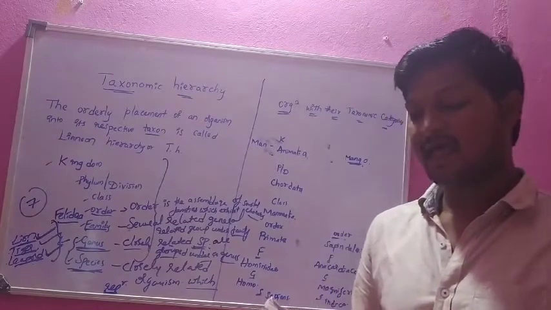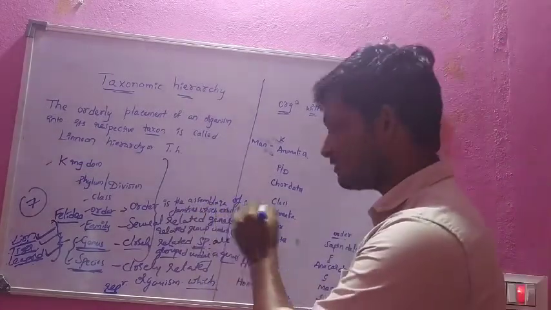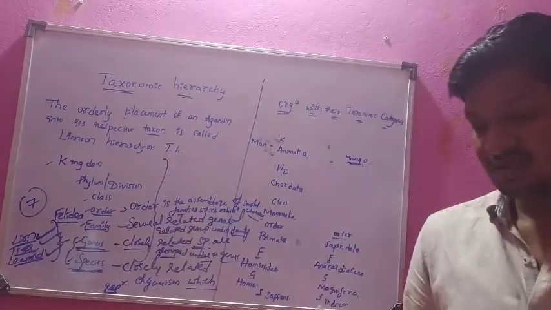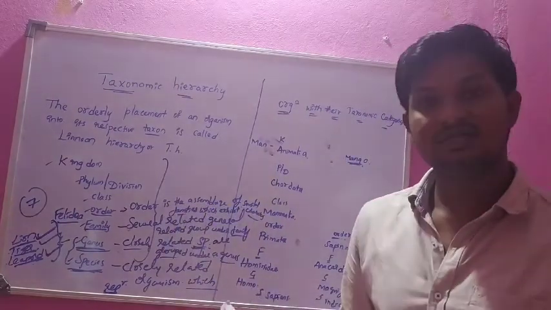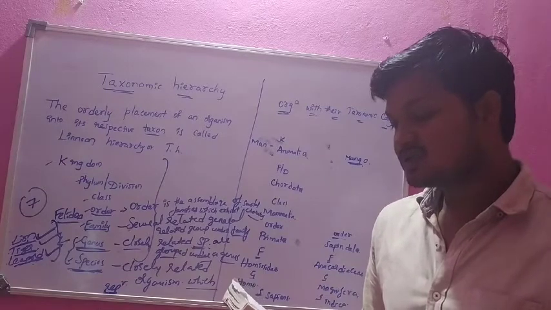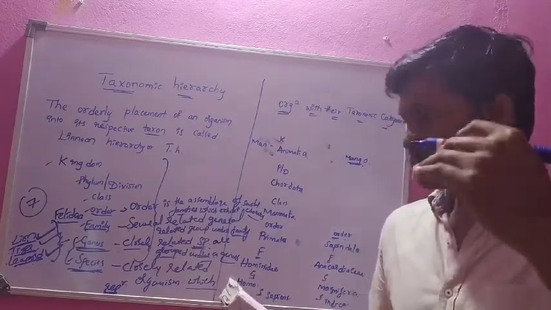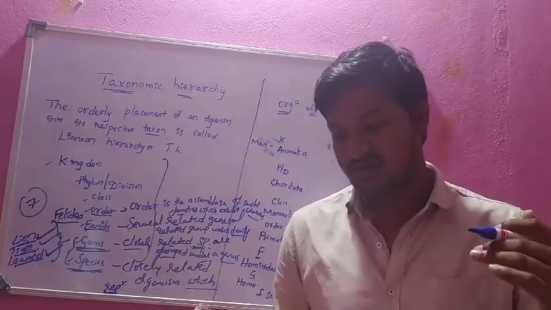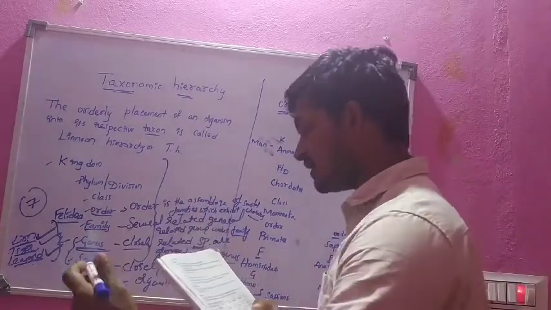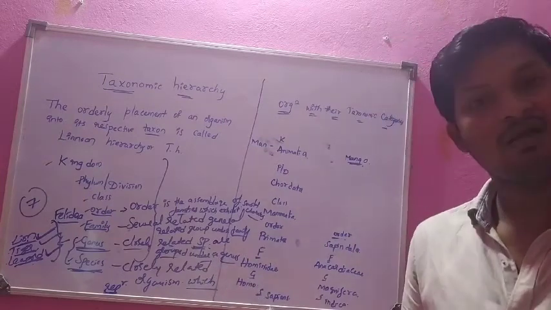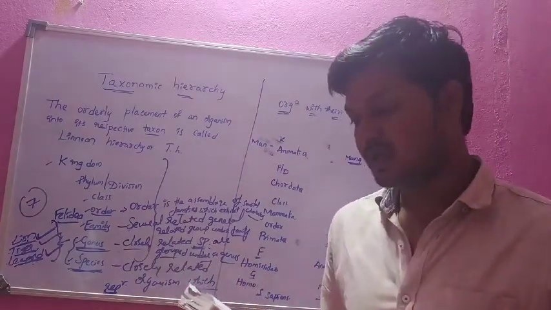Order is the assemblage of families which exhibit similar characters. Those are called the order, which means they are arranged order-wise. For example, lion, tiger and leopard are placed under an order called Carnivora.